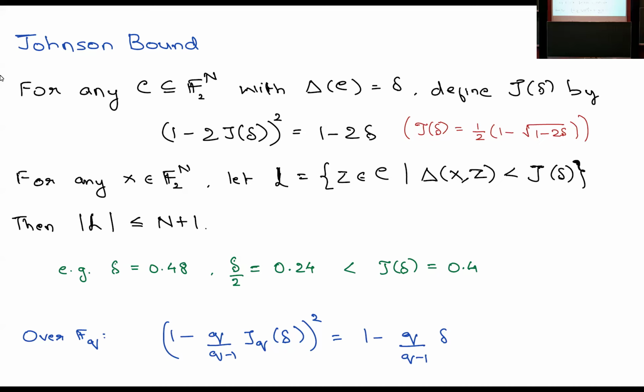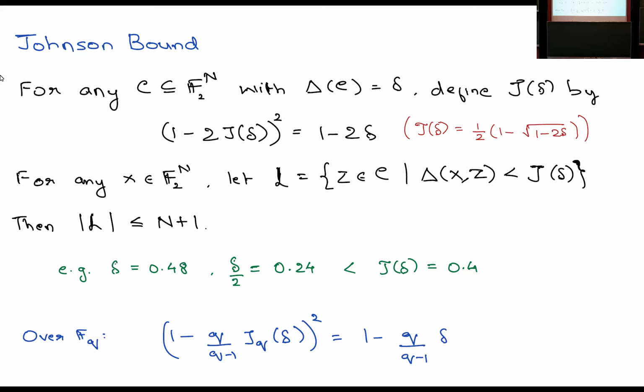It comes with the guarantee that for any point x in F_2^n, the set of codewords within distance g of delta to x is small. Remember, delta depends on the code. Delta is the distance of the code.